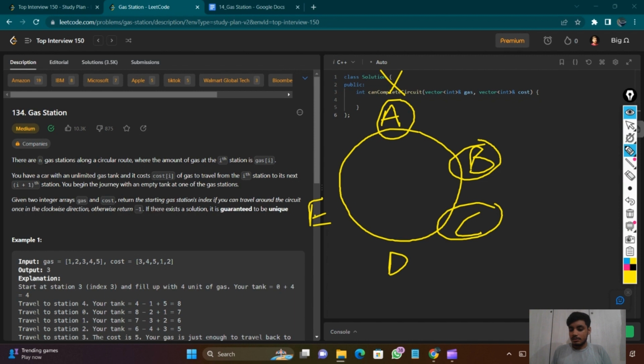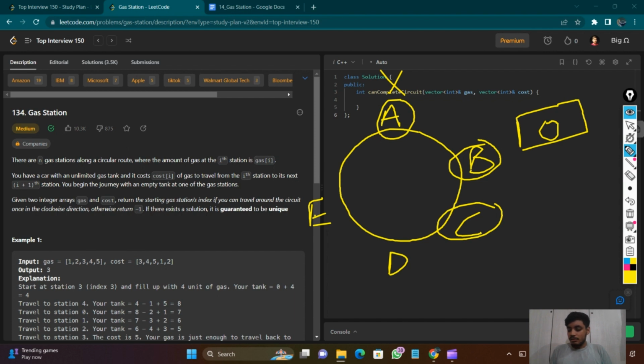But here is the catch, that B is also not the starting point, and this is the important concept. So let's understand why. Let's assume you are moving from A to B, and the minimum amount of gas which can be left in your car in this situation is going to be 0, because if it is less than 0 then you cannot move. So we are taking the minimum.